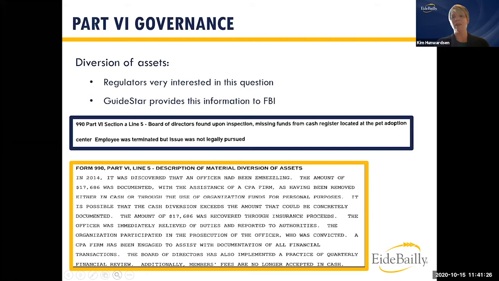This is where having the board be part of this kind of decision making, as far as how much we're going to disclose, versus having this be a decision made maybe just at the finance department or just within the organization. Maybe that's where it starts, but I think it is important for the board to understand, because this is something that's going to be out there. It could end up in the newspaper. How do you want to have that public perception?